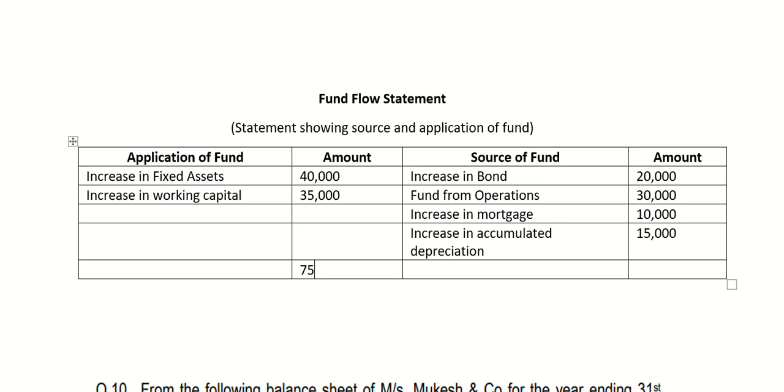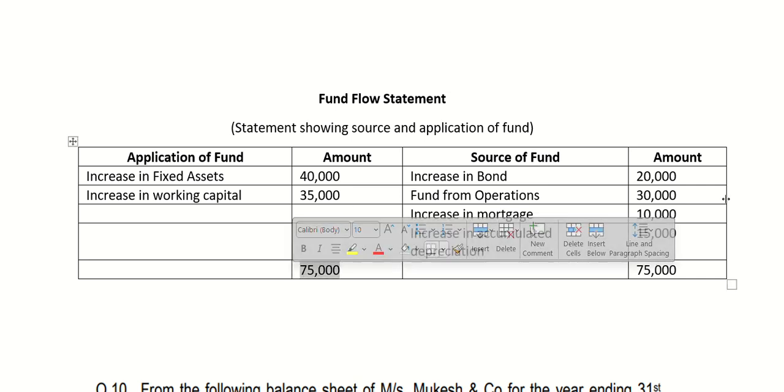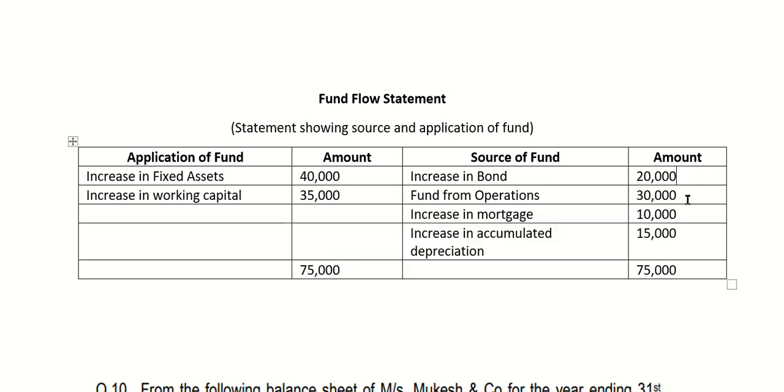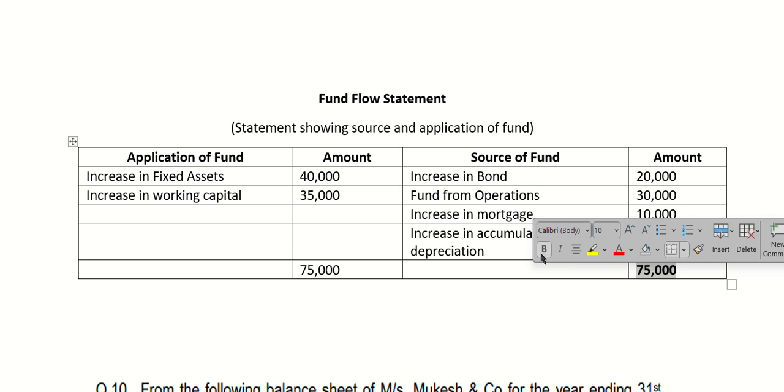If what we have done till now is correct, the total of applications of fund will be equal to the total of sources of fund, as always. See, we have 40,000 plus 35,000, 75,000 here. Here we have 20,000 plus 30,000, 50,000, plus 10,000, 60,000, plus 15,000, 75,000 as the total here.